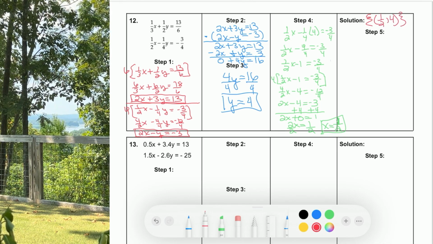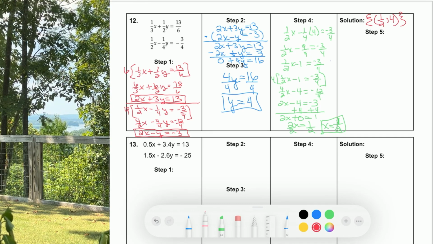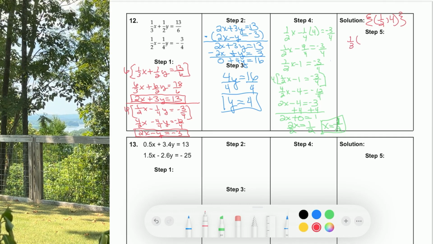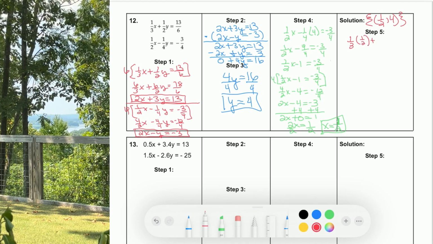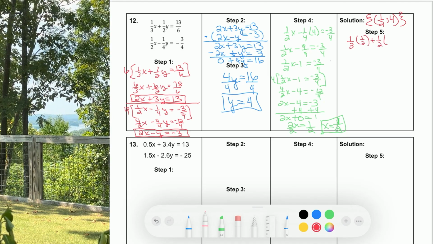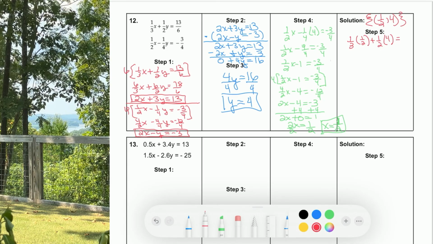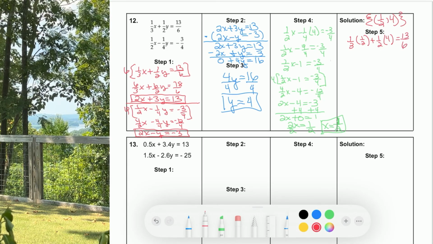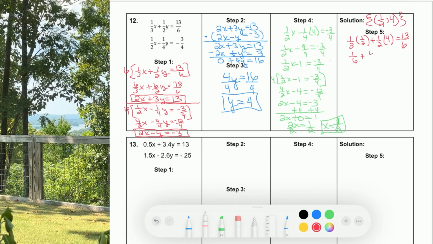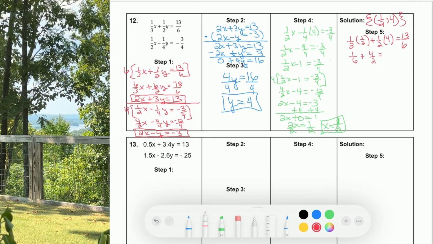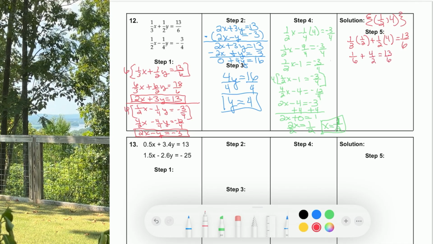And now I just need to check them. So 1/3 times 1/2 plus 1/2 times 4 equals 13/6. So I get 1/6 plus 4/2 equals 13/6.